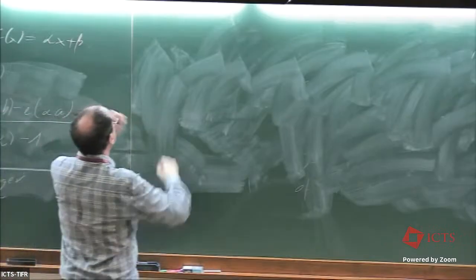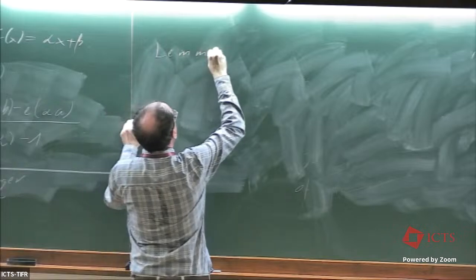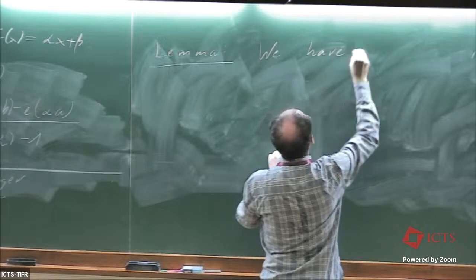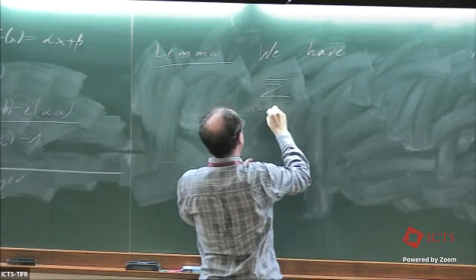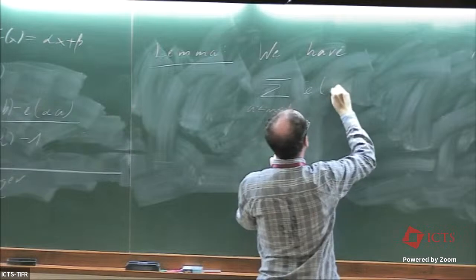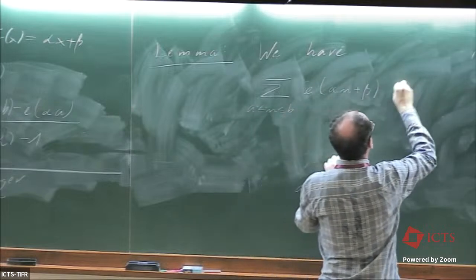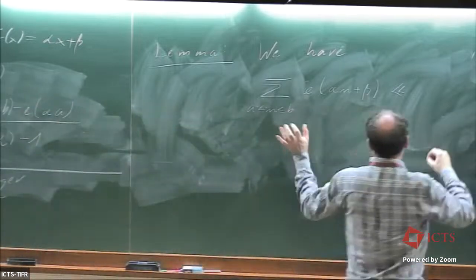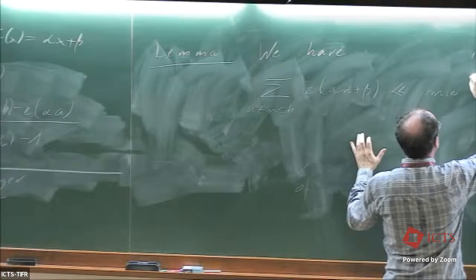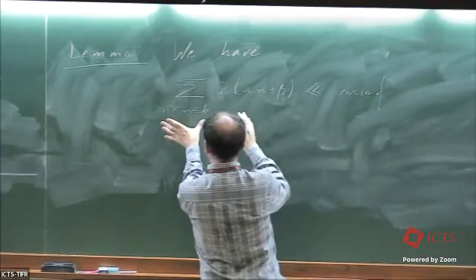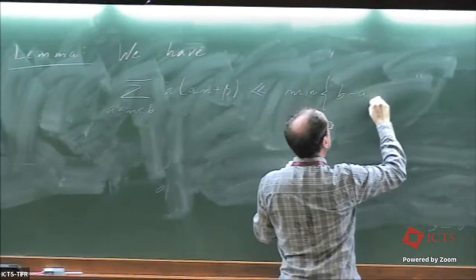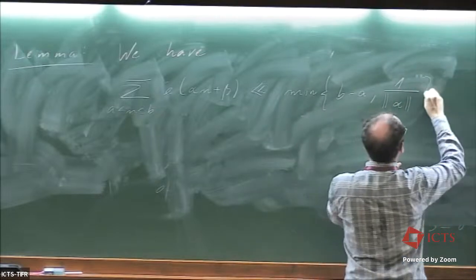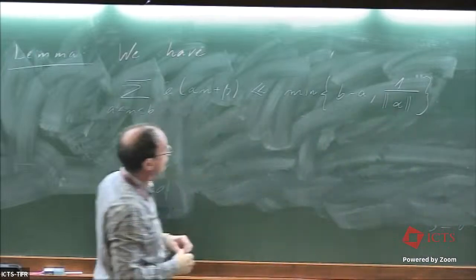So we can formulate a little lemma. The sum over a less than n less or equal b of e of alpha n plus beta is bounded by the minimum of the trivial bound b minus a, and 1 divided by the distance of alpha to the nearest integer.